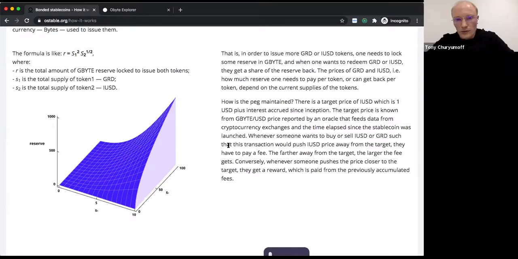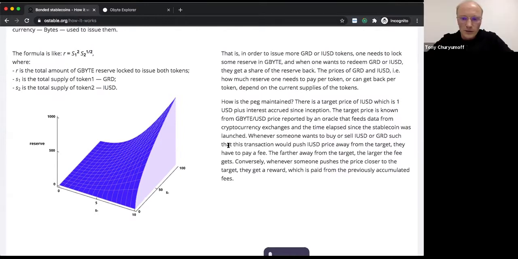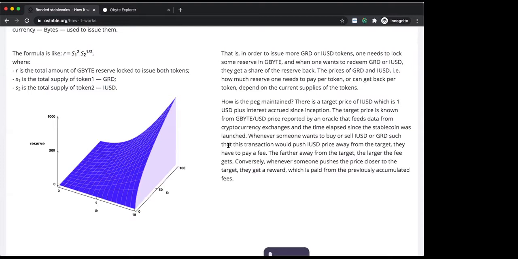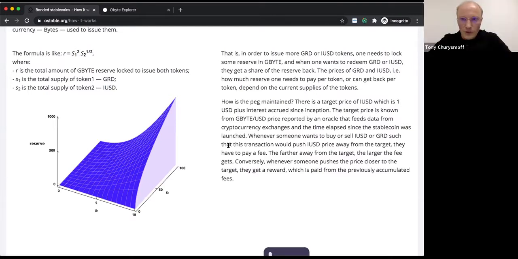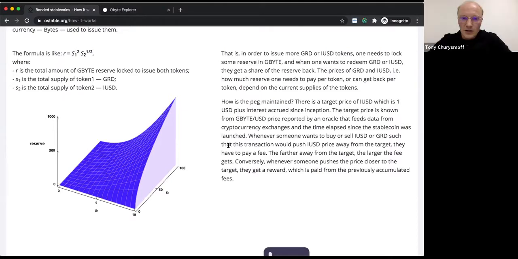Here we get to the point which is very important: why we chose DAG for this stablecoin, why DAG is the most appropriate platform for bonded stablecoins. Since we always buy from a bonding curve and the prices always change, it is important to have predictable prices.